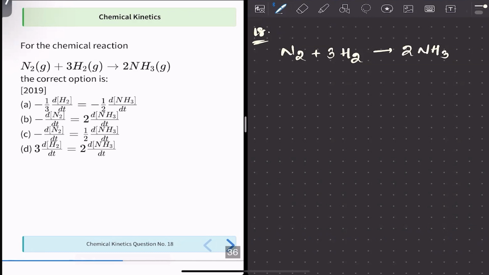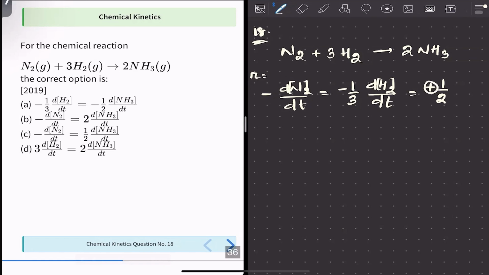Written as rate of disappearance of reactants and rate of appearance of products, the rate of reaction is equal to minus dN2/dt, which is equal to minus 1/3 dH2/dt, which is equal to plus 1/2 dNH3/dt, because ammonia is on the right side. It is a product, so it increases with time and carries a positive sign.